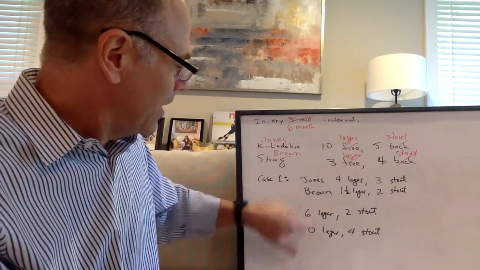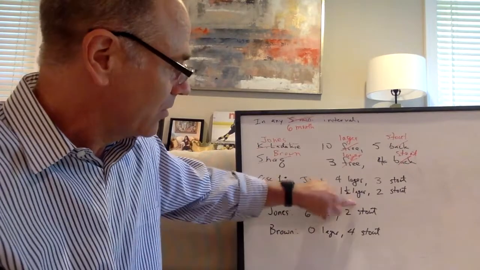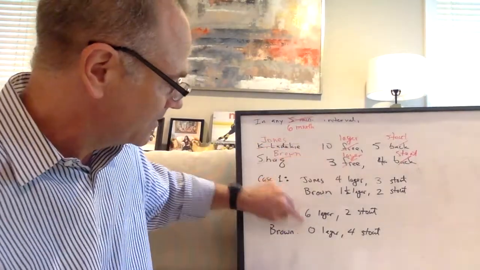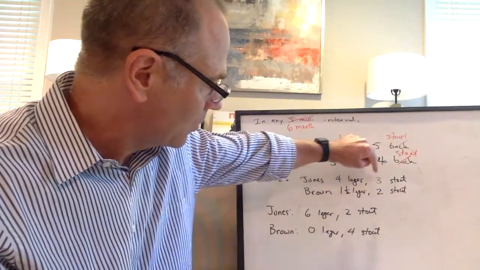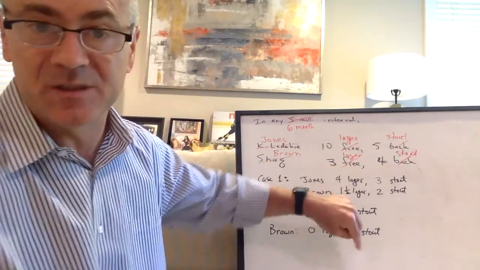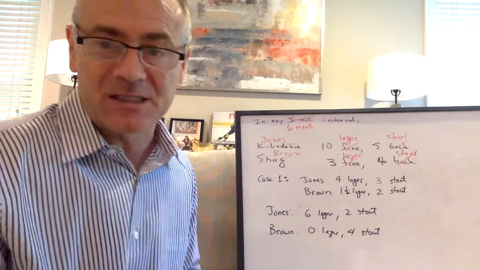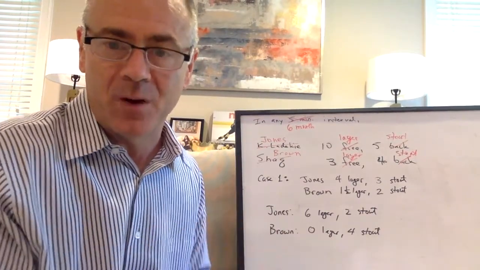Notice that we have now specified things so the total amount of lager and the total amount of stout are bigger than before. Total amount of lager was 5.5, now it's 6. The total amount of stout was 5, now it's going to be 6. Okay. Now all we have to do is specify a way of trading to make both of them better off.